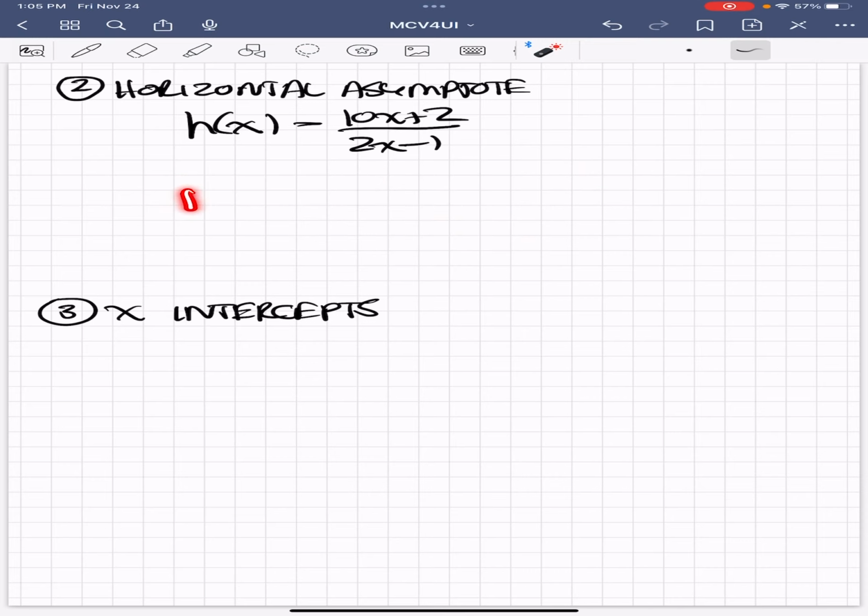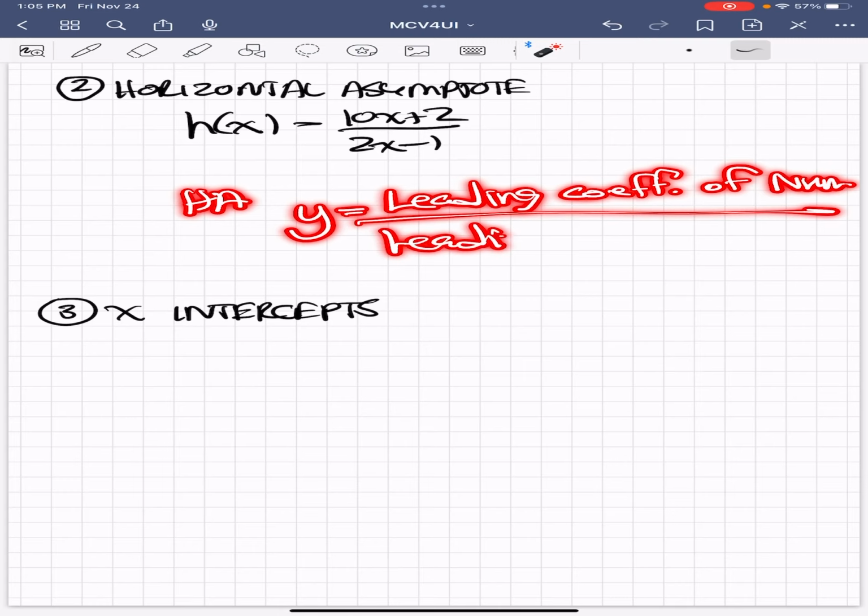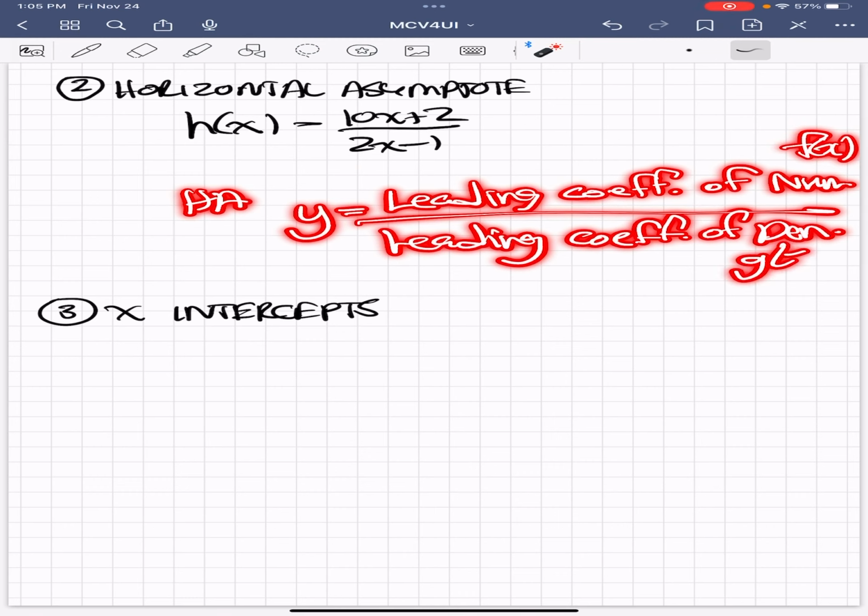Which means that the horizontal asymptote would be the leading coefficient of the numerator over the leading coefficient of the denominator. And this is f of x, and this is g of x, if you prefer to look at it as f of x over g of x for h of x, a rational function, or if you prefer to look at it as the numerator over the denominator.